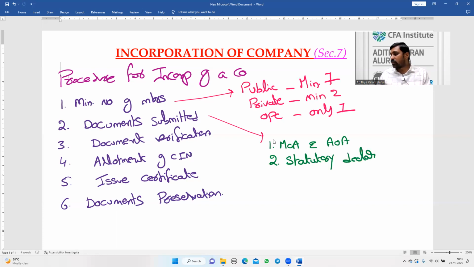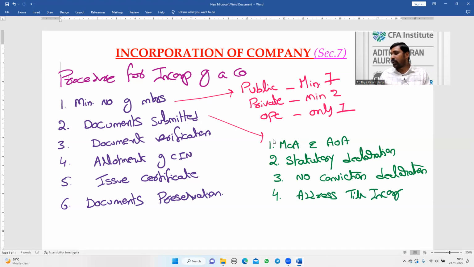Third, a no conviction declaration: we have to give a declaration that directors have not committed any offense during the past 5 years. And after that, a temporary communication address till incorporation of the company.